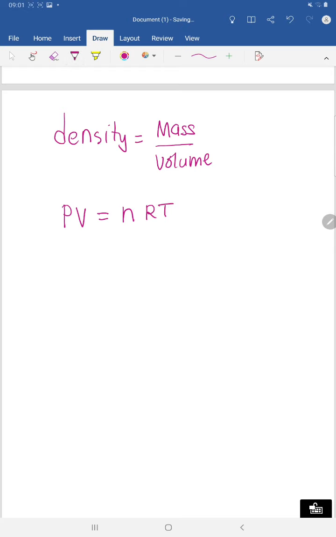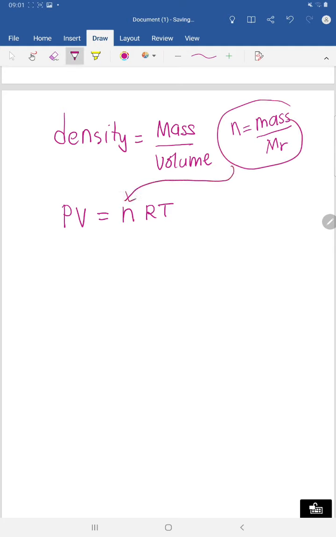From the previous formula, we know that number of mole is mass over molar mass, so I substitute n with mass over Mr. So PV equals mass over Mr times RT. I want density, which is mass over volume, on one side.